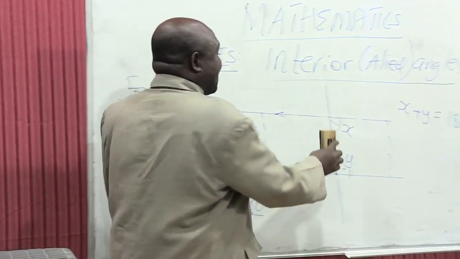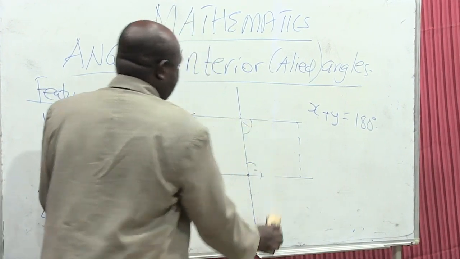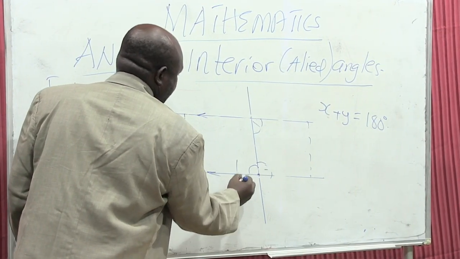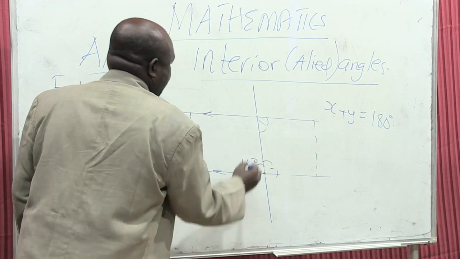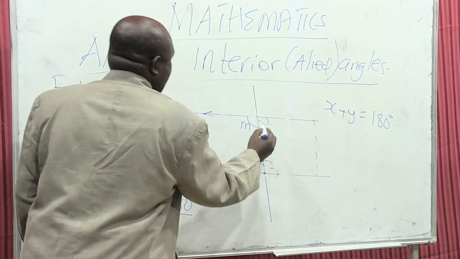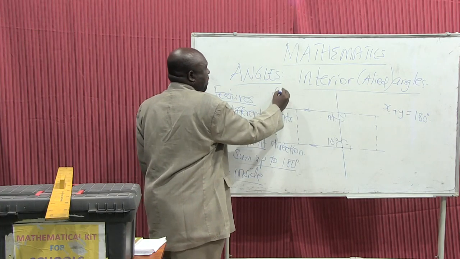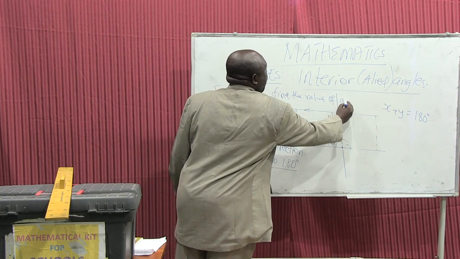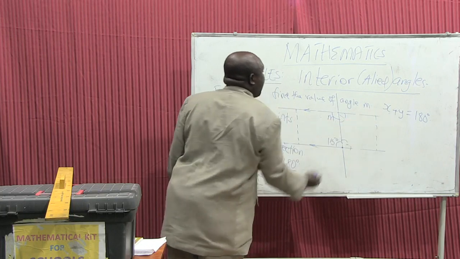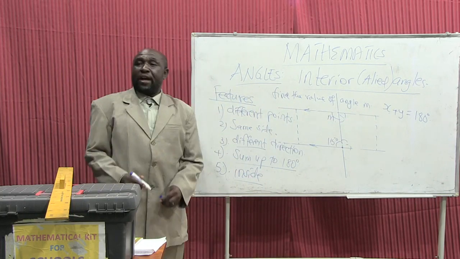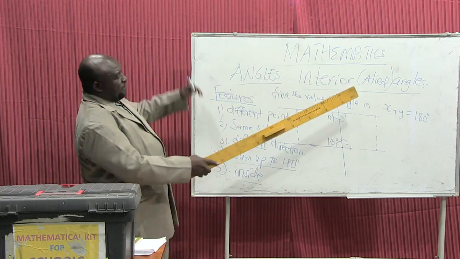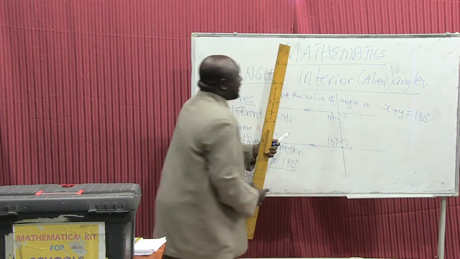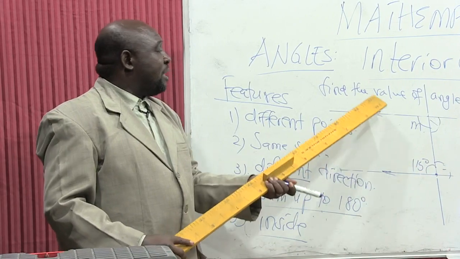So a question can be set. Find the value of angle M. You are given the diagram like that, and asked to find the value of angle M. First, you see this mark which shows parallelism.